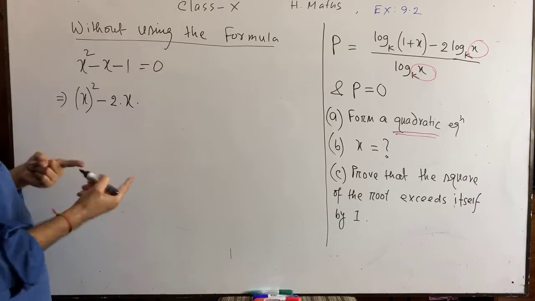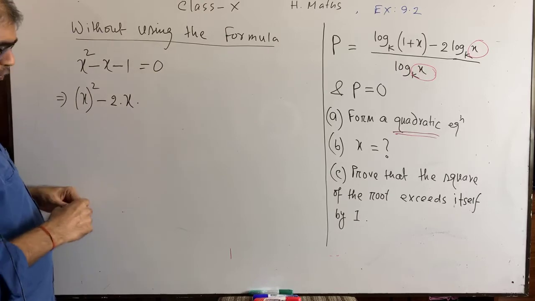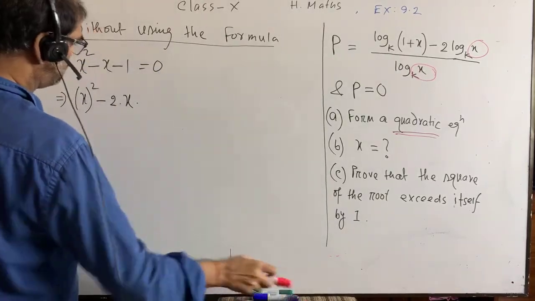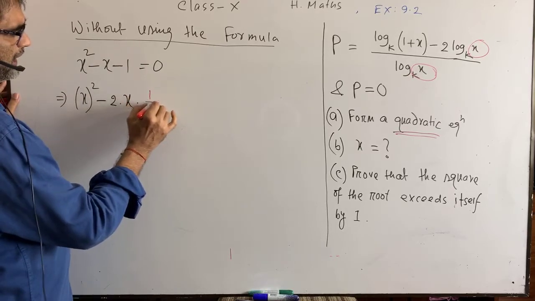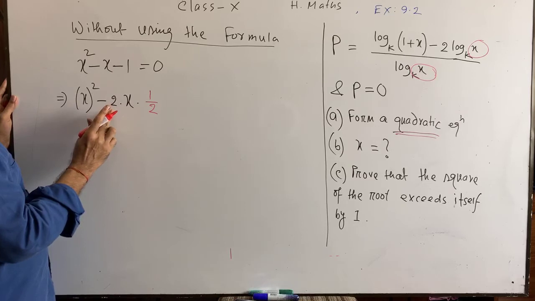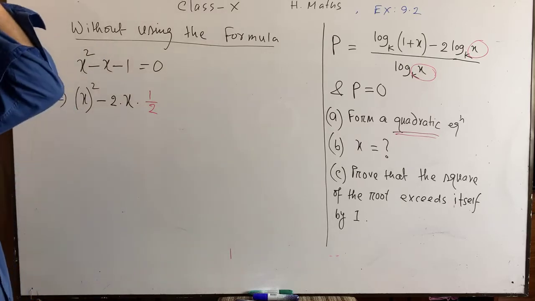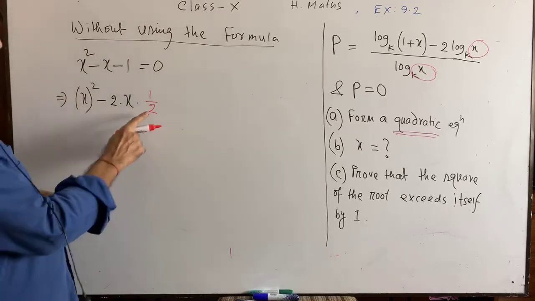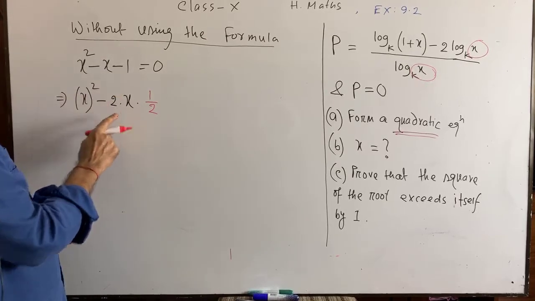So what should b be so that we can get only x? You try to understand. What should b be so that we can get this x? It is half. You see, these two will be omitted, so we will be left with only this minus x. Have you got it or not? I repeat, these two will be omitted, so we will be left only with this minus x.